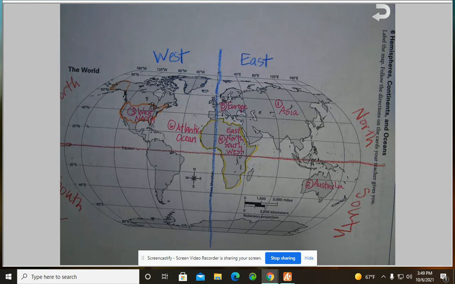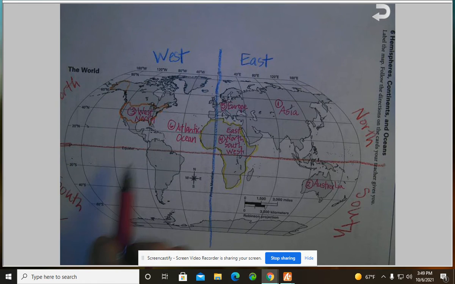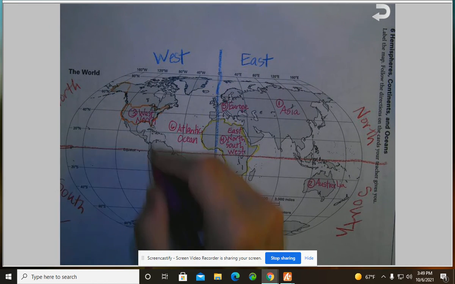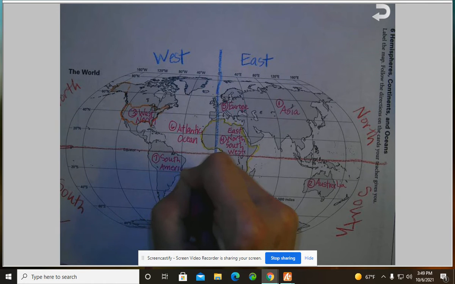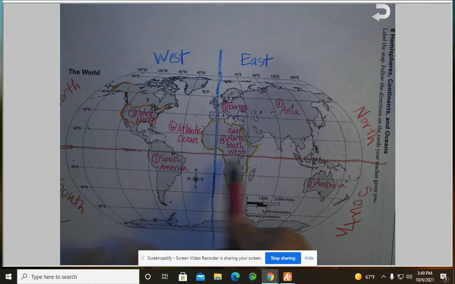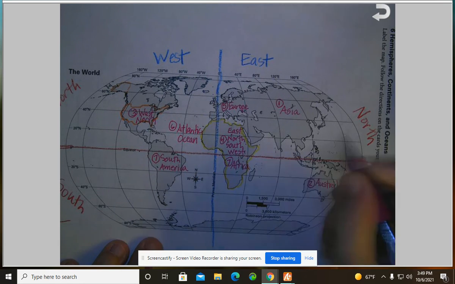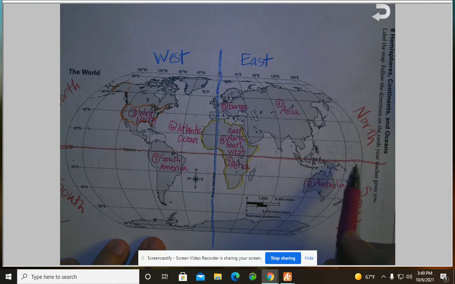Number 7, label the 3 continents that the equator runs through. So the equator runs here through South America. Runs through here, Africa, and it runs over here.